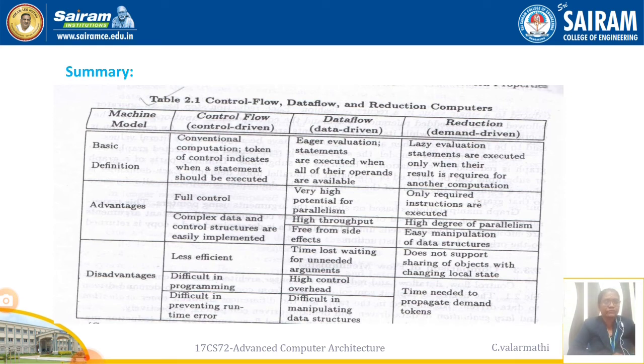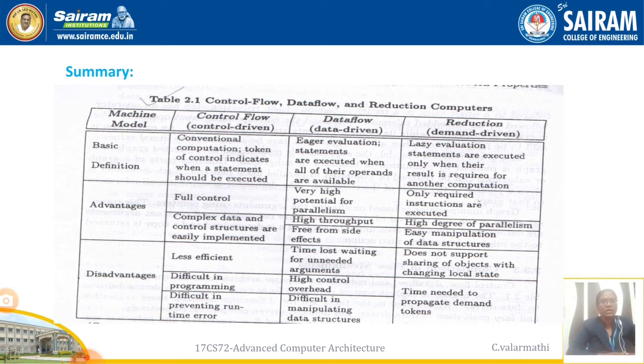Then what is meant by disadvantages? Control flow is less efficient because it is a traditional model, used only as a uniprocessor model, so it is much less efficient than the other two.